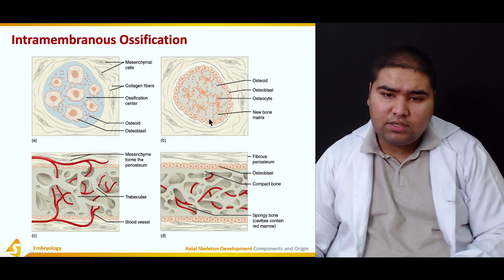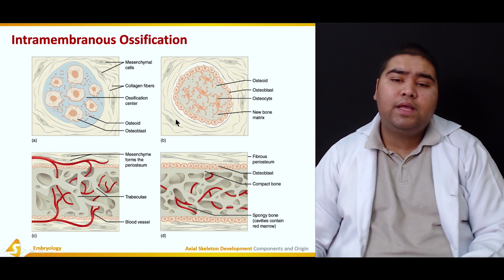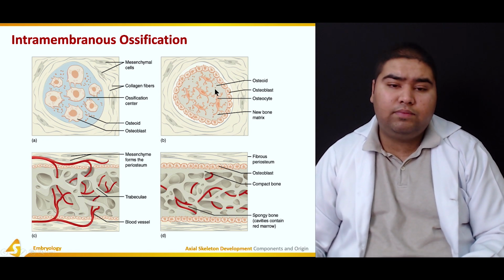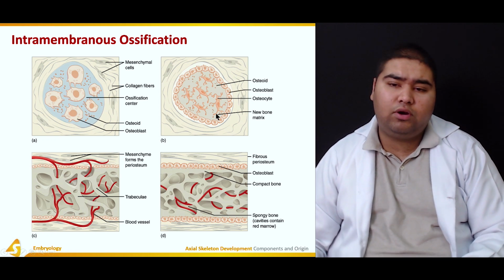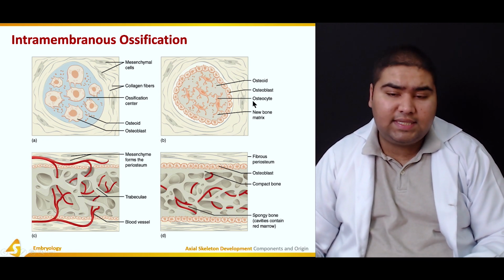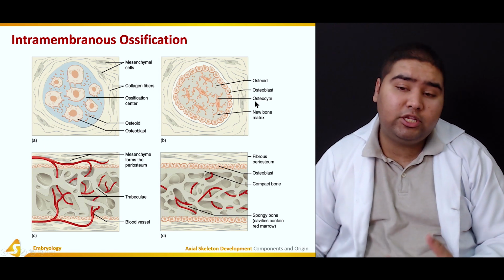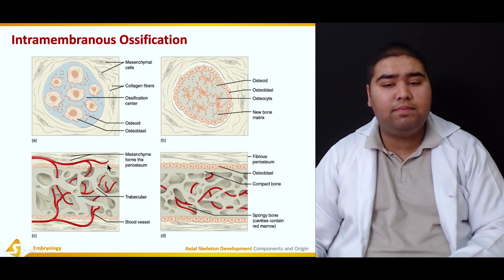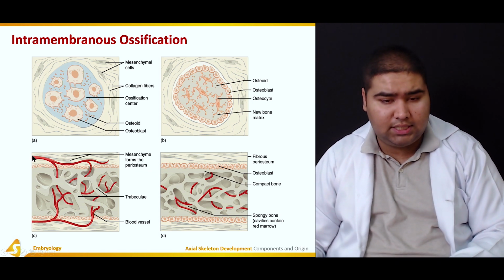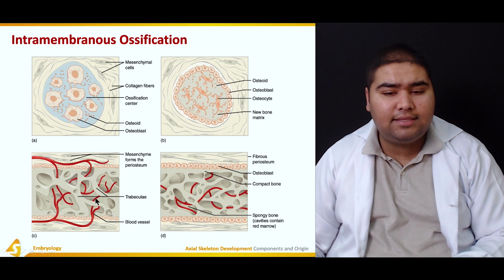In the second step, these osteoblasts which were trapped within the osteoid become osteocytes. Osteocyte is a mature bone cell. In the third step, the mesenchyme forms the periosteum, the outer lining, and the trabeculae.